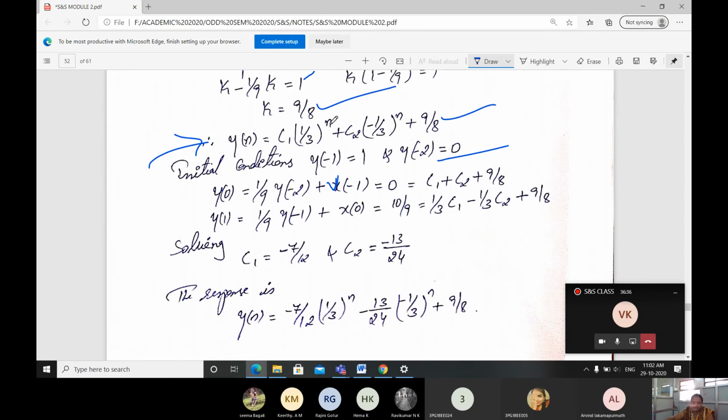If I substitute 0, you get C1 plus C2 plus 9/8. Then when n is equal to 1, y(1) is equal to 1/9 y(minus 1) plus x(0).